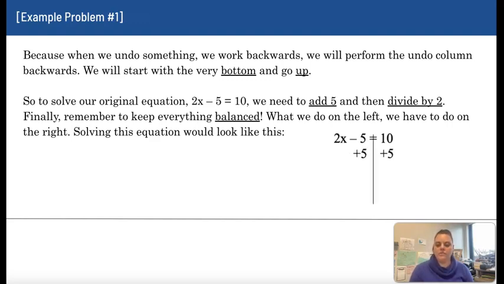That's why we are adding first. We'll be left with 2x equals 15 because 10 plus 5 is 15. Then we divide by 2. We are splitting those coins into 2 bags. So we divide by 2 and we get that x equals 7.5 because 15 divided by 2 is 7.5.